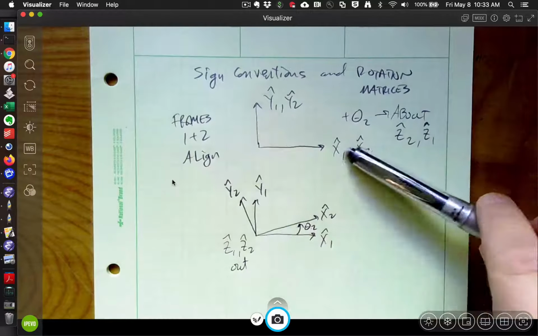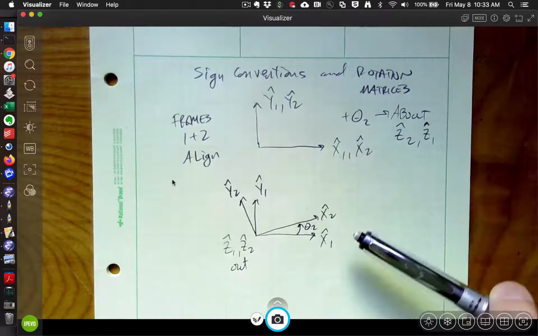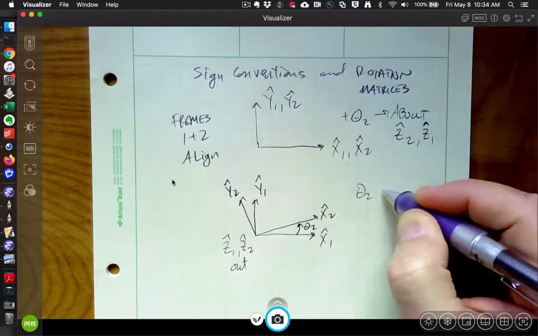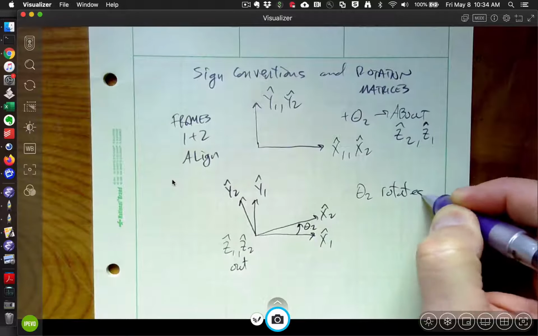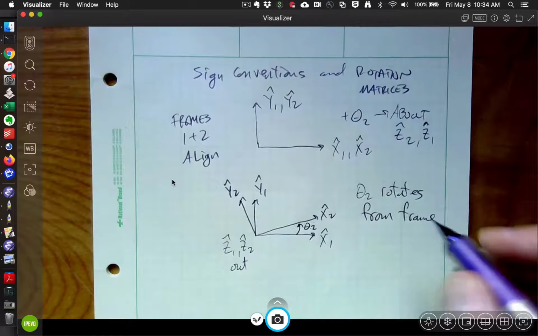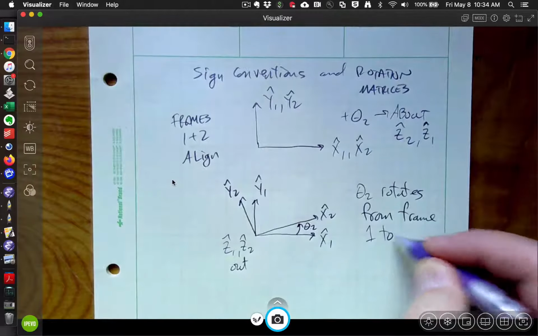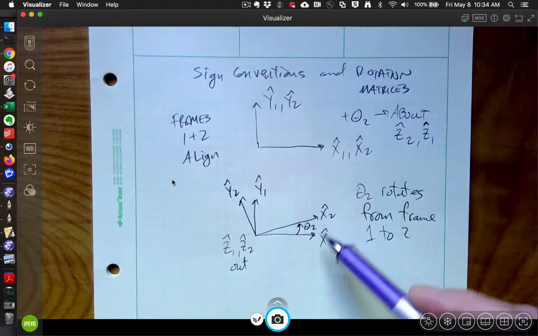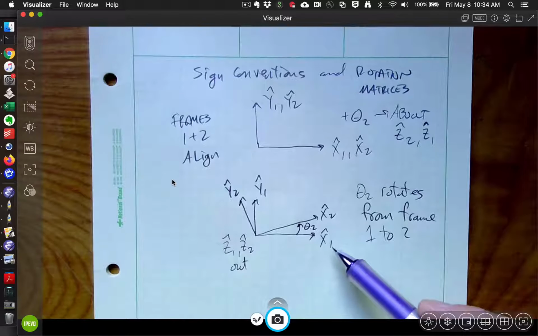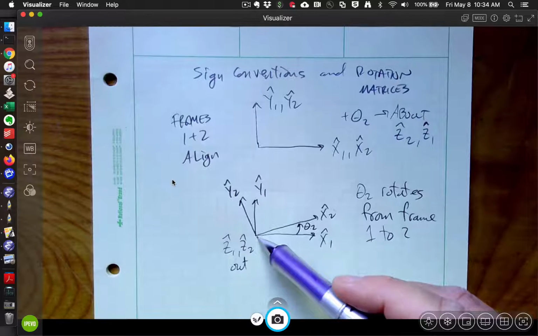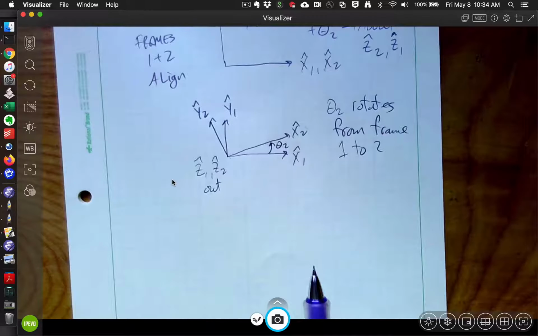So we start with frames 1 and 2 aligned, and we rotate from frame 1 to frame 2. Again, these are sign conventions that I did not make up that seem like they conflict with each other. So theta 2 is positive as I rotate from x1 to x2 in the right-hand sense about Z2.